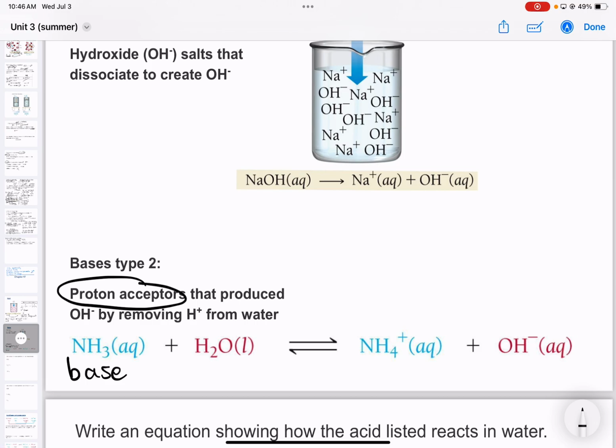So you can see NH3 turns into NH4+. It took an H+ from somewhere. We'll get to where it got it from in a second. And this is why I like writing the acids as reacting directly with water, because if you don't, it gets confusing when you get to the bases.